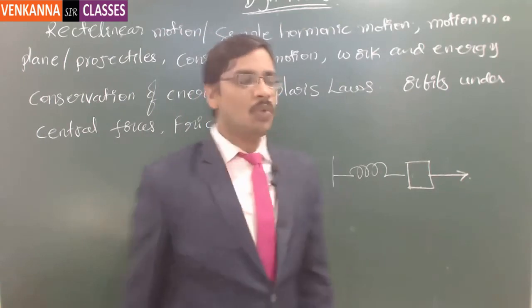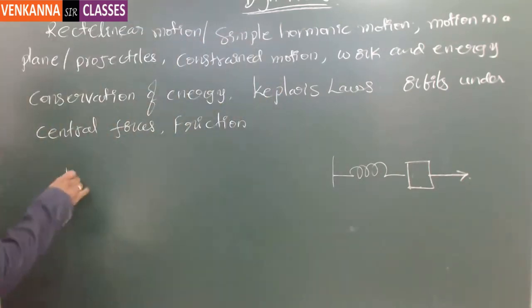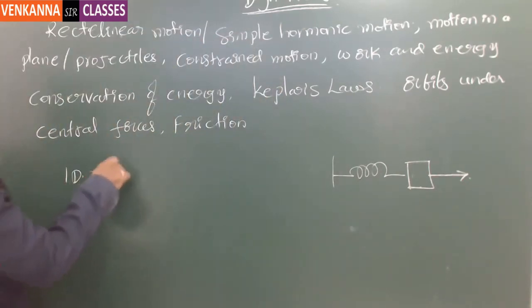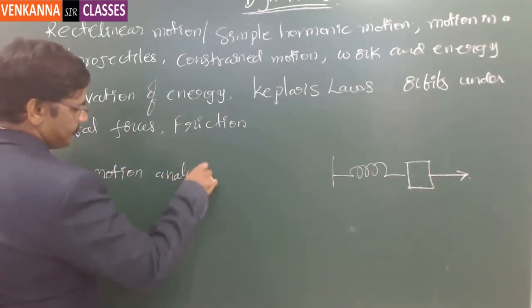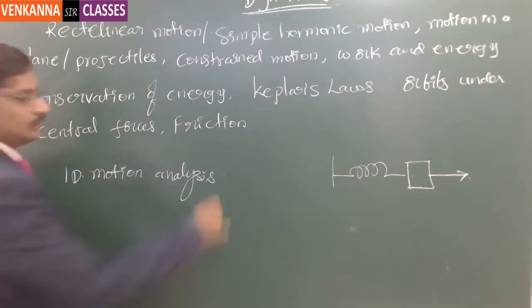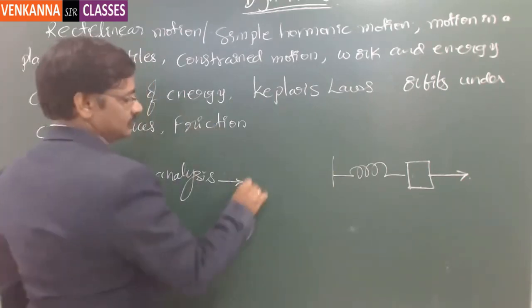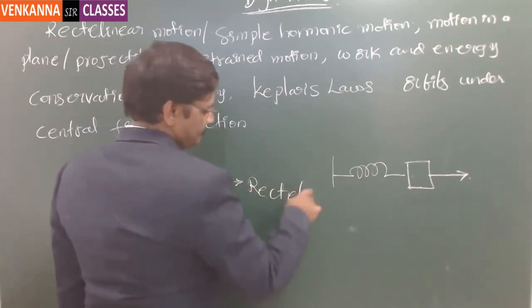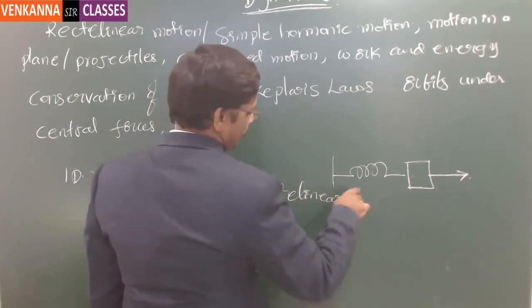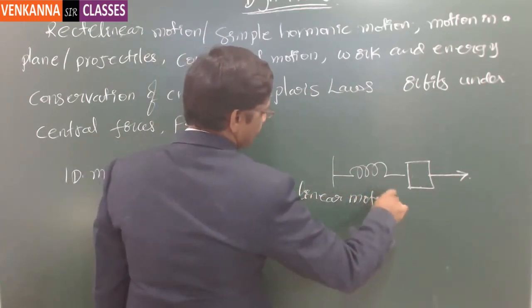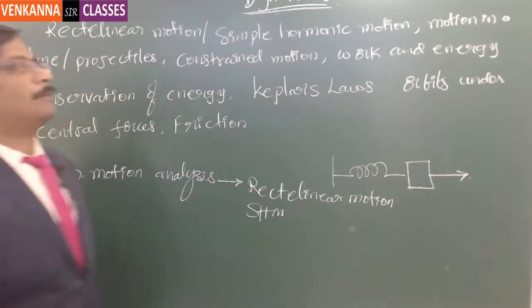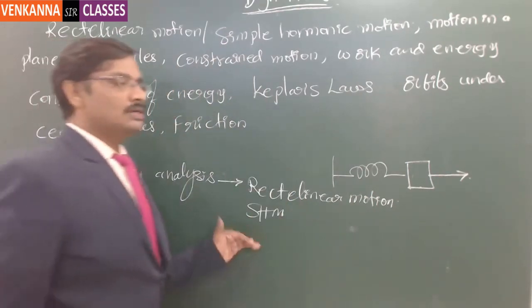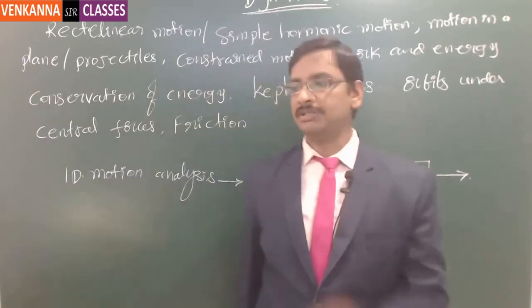So that is the one-dimensional motion analogy. There, what we are going to discuss is the rectilinear motion and the simple harmonic motion. So these two are the important aspects we are going to discuss in case of one-dimensional motion.